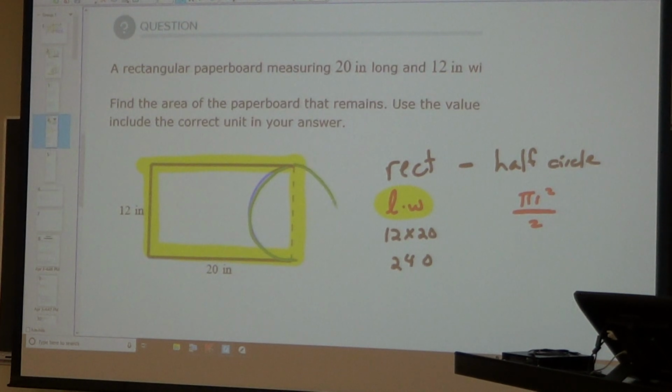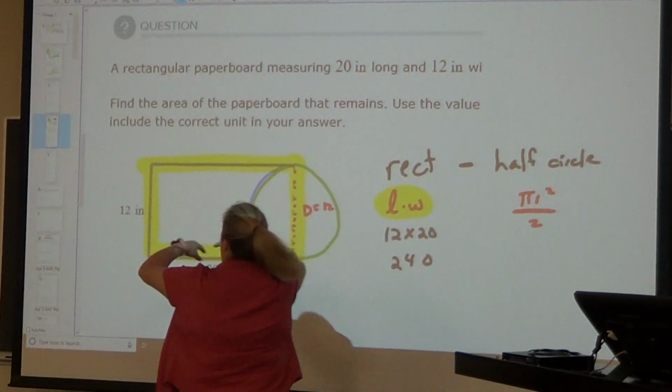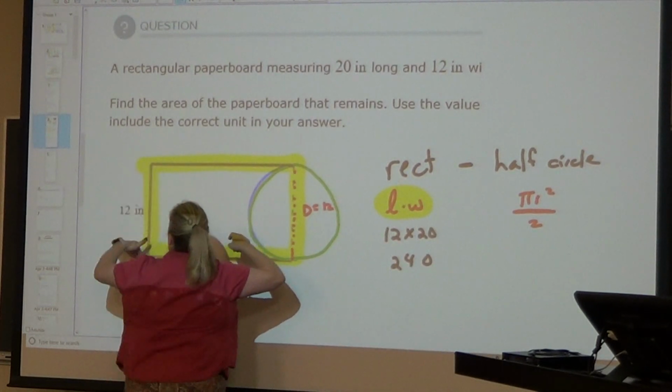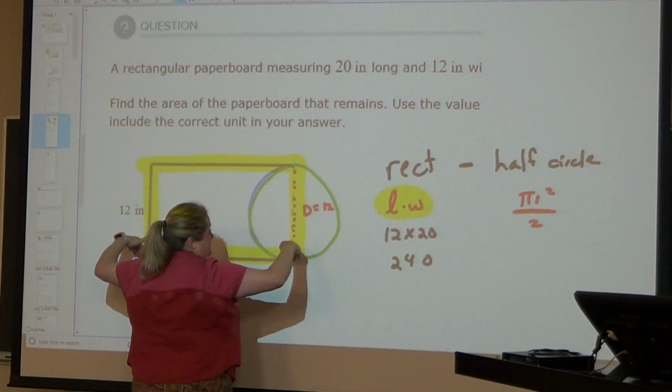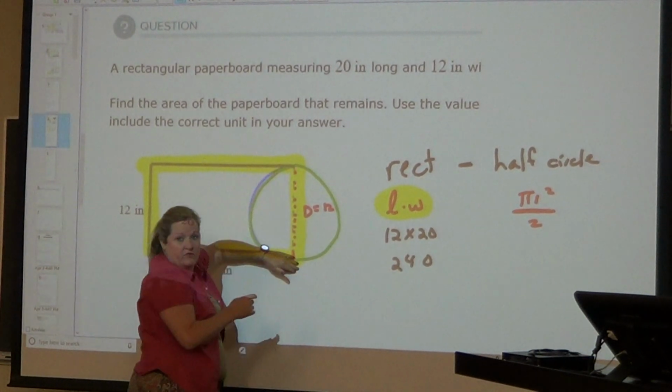Now, if I come all the way around, do you see that full circle? Yeah. What is the diameter of that circle? 12. That is correct. The diameter is going to be 12 because this court is a rectangle. So this piece and this piece are the same. So the diameter of the circle is 12.